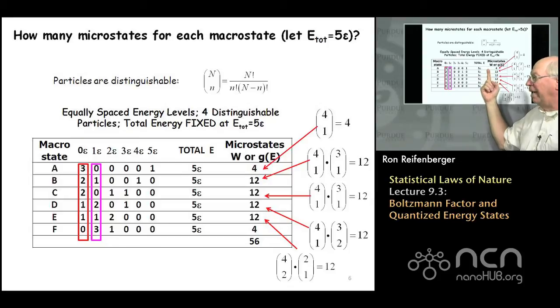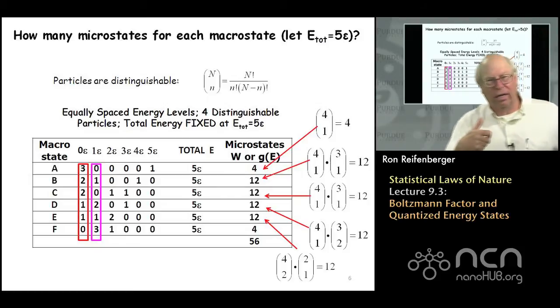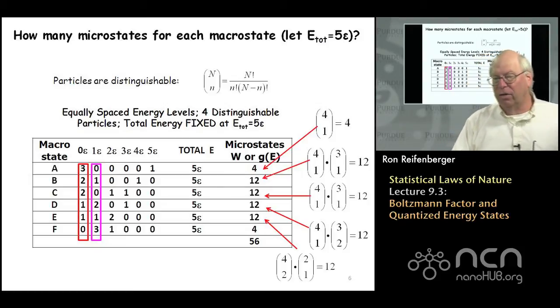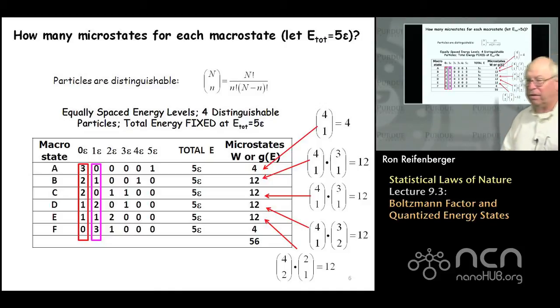Well, the answer to that is, if you got 4 particles, right, and you just choose 1, right, and the one that you're choosing is the one that goes in this state 5 epsilon, what is the expression for 4 choose 1? And of course, you have to evaluate this expression here, where little n is equal to unity. And when you evaluate that, you find that there's only 4 different ways to achieve this particular macrostate A, right? So this 4 is now the degeneracy, or the weight of that particular state A, right? That's the weight of state A.